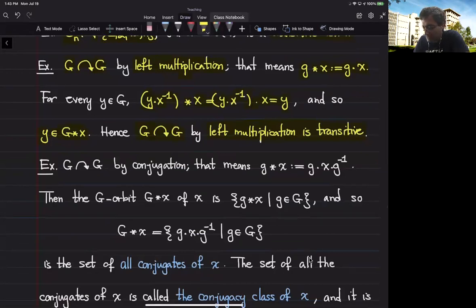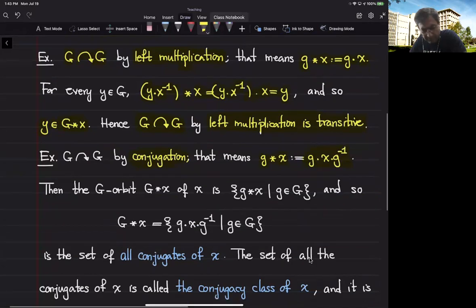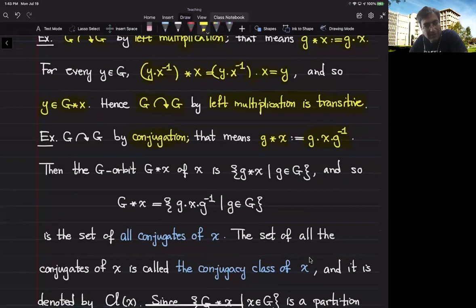Now let's look at the action of G on itself by conjugation. That means the element g acts on the point x by conjugating x by g. We have discussed that this is indeed a group action. Let's try to understand the G orbits. The G orbit of x consists of the points of this form, which is precisely the set of all the conjugates of x.